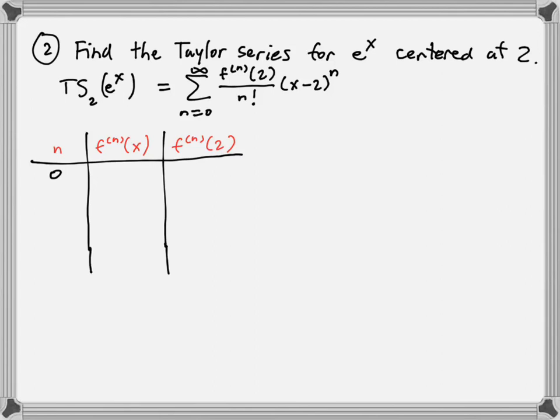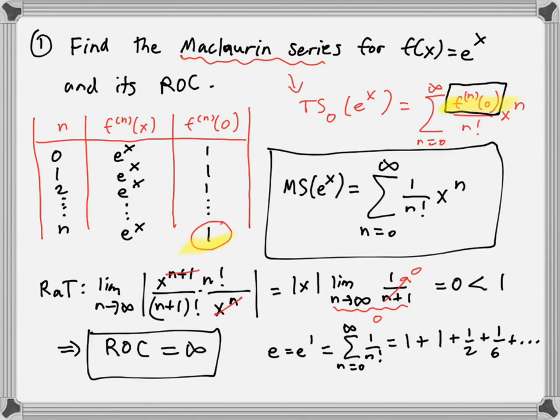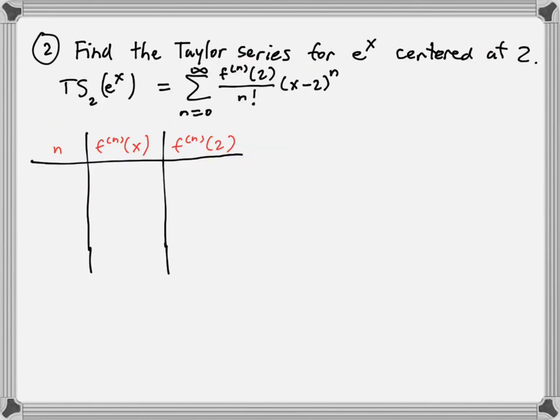So what do we get for n equals 0? Well, we're not going to take a derivative, it's just the function e to the x, except now we're going to plug 2 in, so we just get e squared.